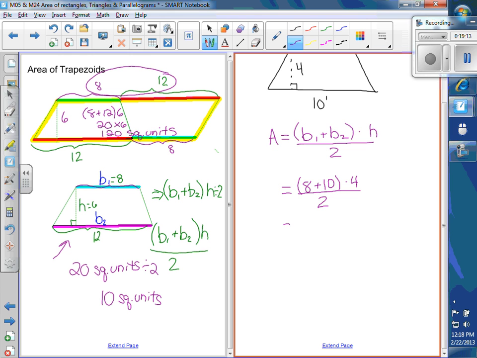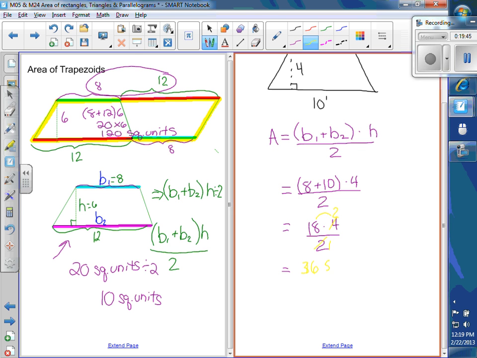So keeping that going, 18 is 8 plus 10, times 4 divided by 2. From there, you could reduce fractions. So 2 divides into itself once, divides into 4 twice, and multiplies. So that's 18 times 2, which is 36.